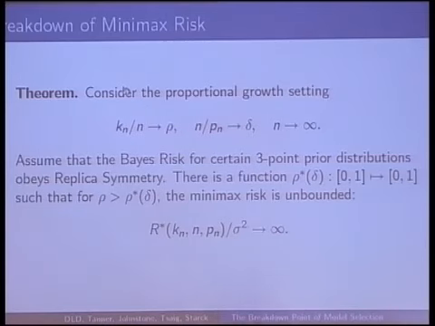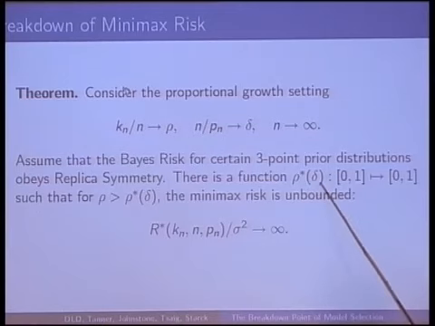Okay, so if we use this triangular array setting and we make an assumption on Bayes risk, which is called replica symmetry by statistical physicists, then conditional on that assumption, we have the following result.